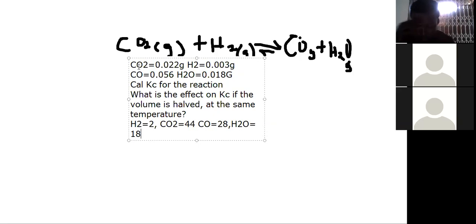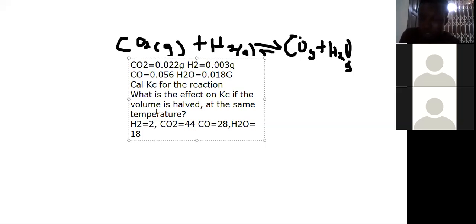So they said we should find the Kc of the reaction. Who can tell me how we should go about this one? You find your concentration first. Yes, so we first have to find their concentrations.